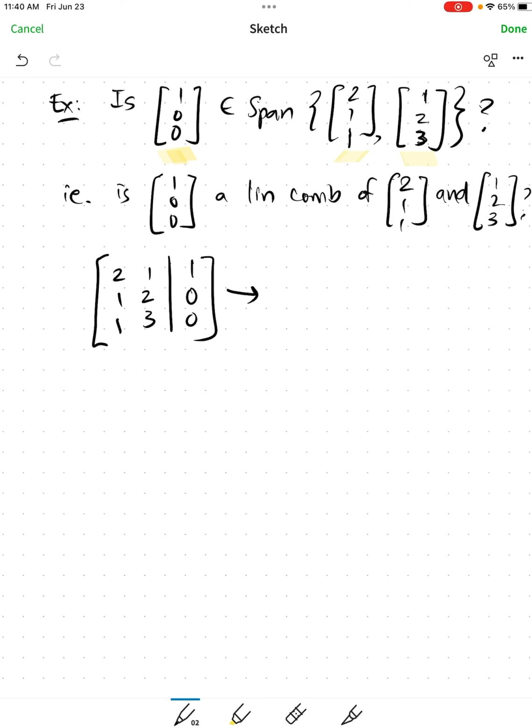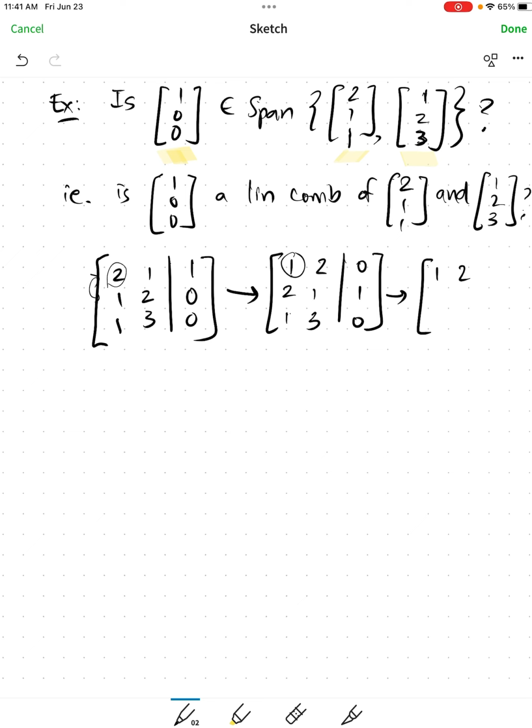Well, one thing I can do, since I have a 2 here, is I can swap these two so that I get a 1. So let's do that. 1, 2, 0, 2, 1, 1, 1, 3, 0. And that just makes it easier to row reduce. Remember I have this pivot, this 1, and I need to make all the numbers below it equal to 0. So I'm going to change row 2 to row 2 minus 2 row 1.